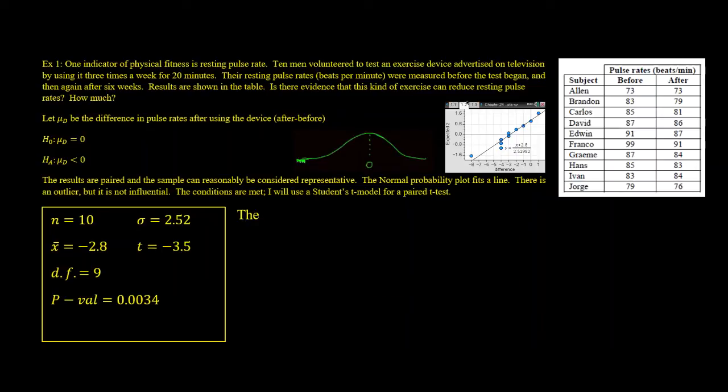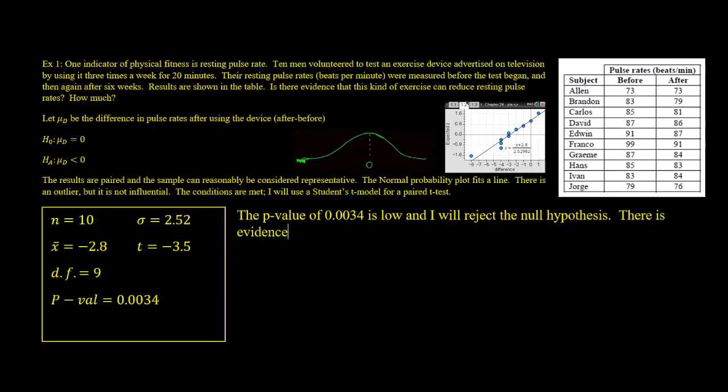The p-value of 0.0034 is low, and I will reject the null hypothesis. There is evidence that this exercise device can reduce resting pulse rates.